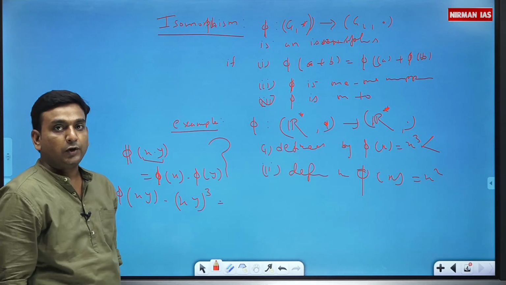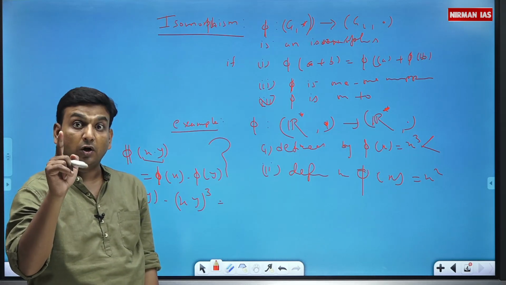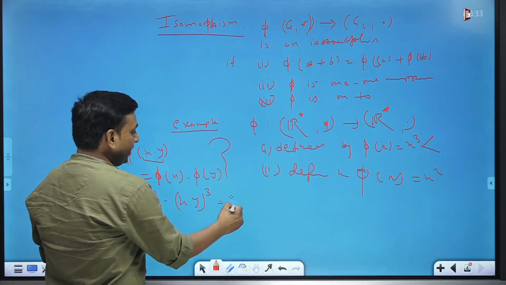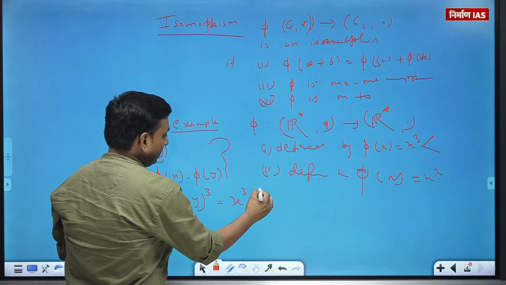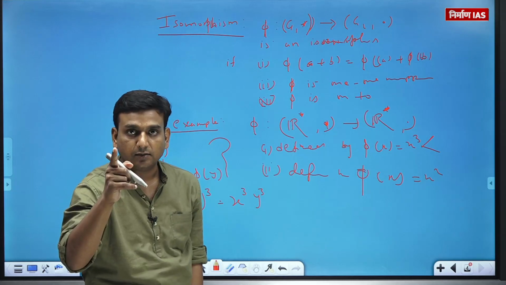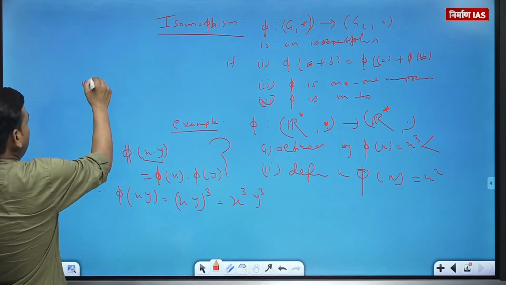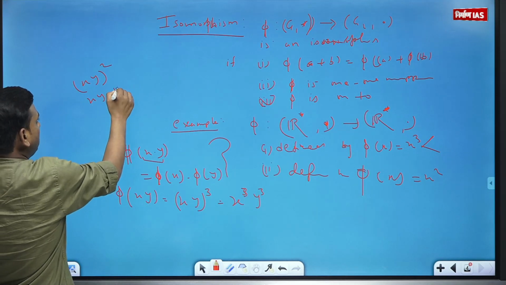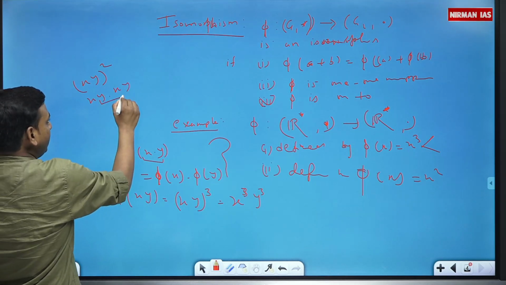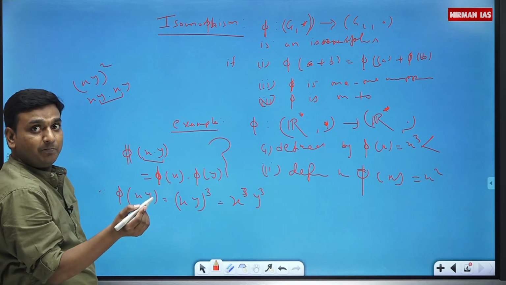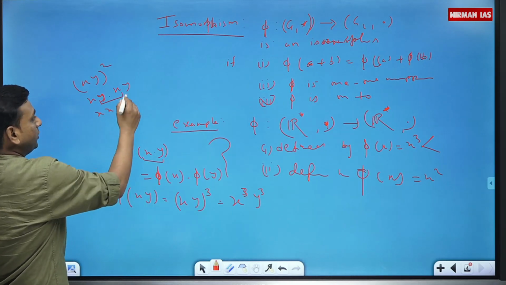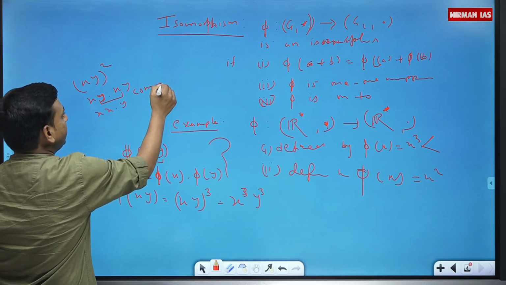In group theory, I told you earlier when I taught you the order of element, that if x and y commute, then you can write this. Otherwise, not. Because let's say xy square, what you can write is xy into xy. Unless these commute, we cannot write it as x square y square. So commutativity is needed.